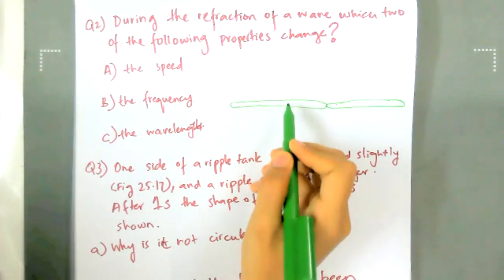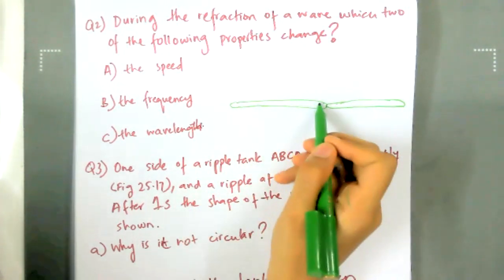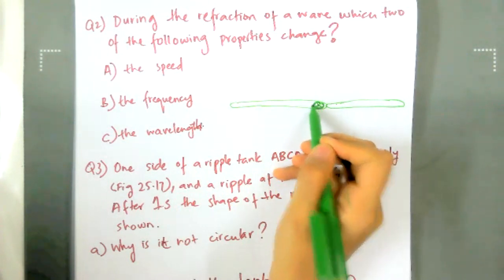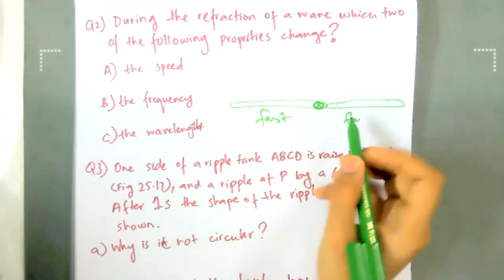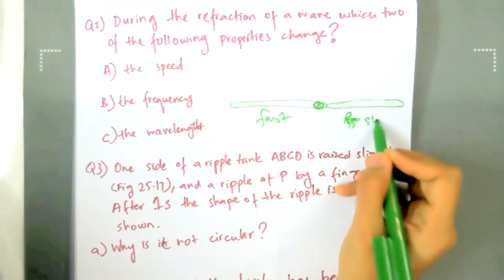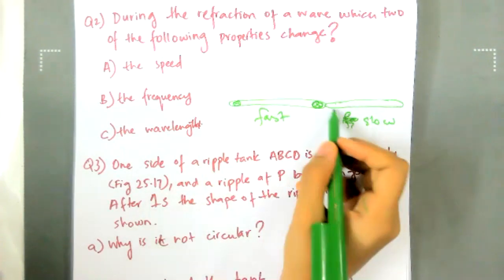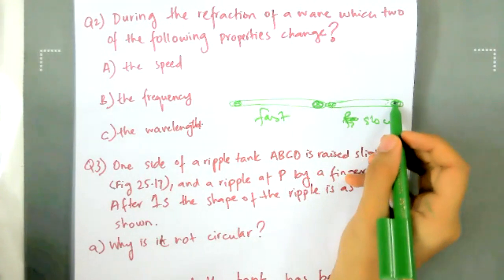So this one's moving faster than this one. Write down fast under the faster belt. And the other one is slower. So think of the first belt as one medium and the slower belt as the other medium. And the people would be the waves.